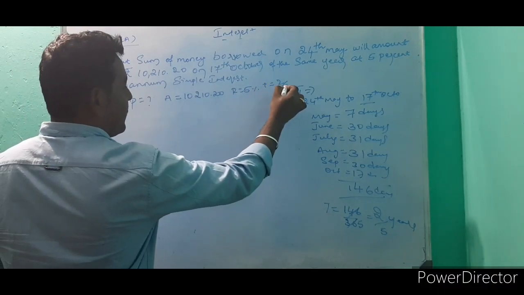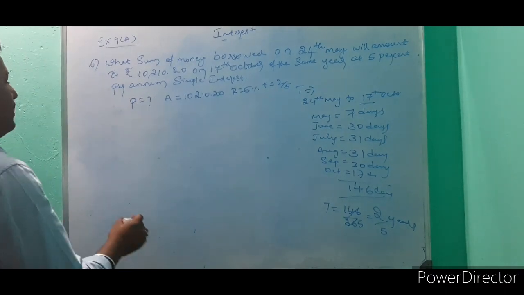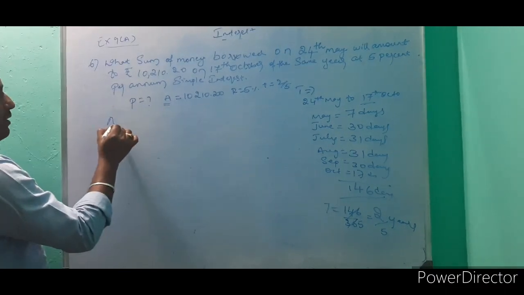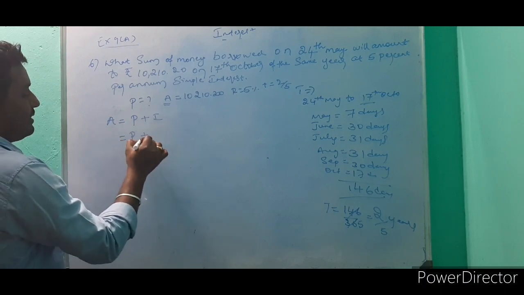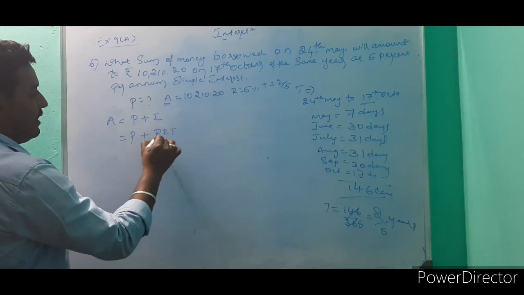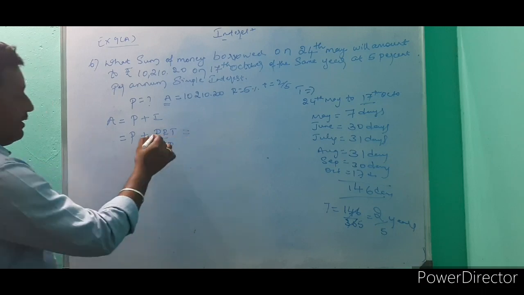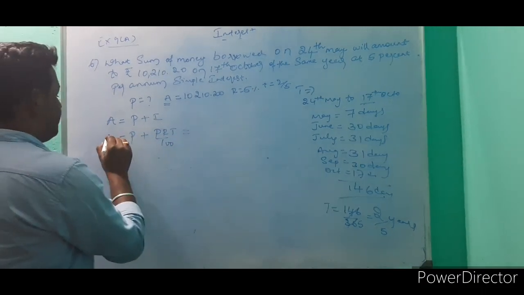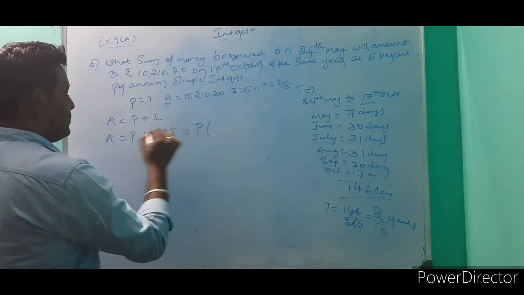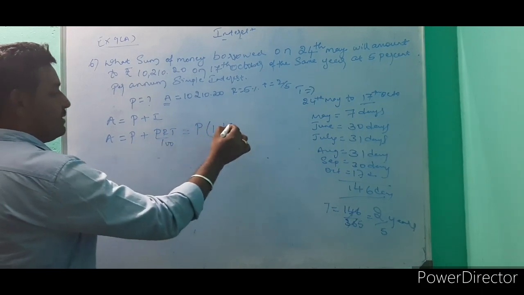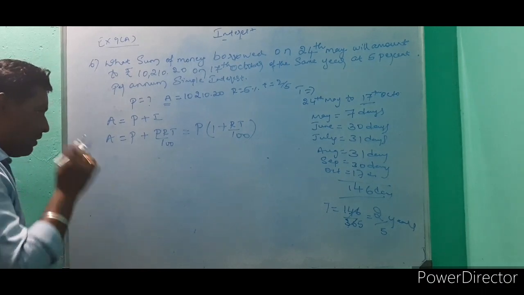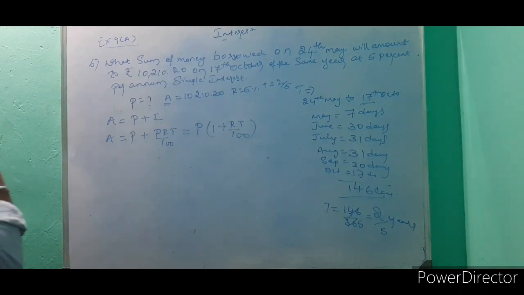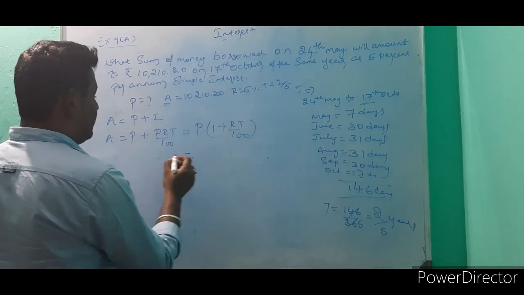Time is 2 by 5. Now you know the amount formula: P plus I, P plus PRT divided by 100. You can take P outside, that means 1 plus RT divided by 100. Substitute the values.